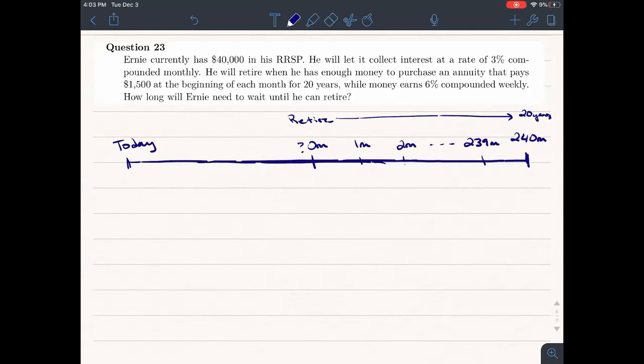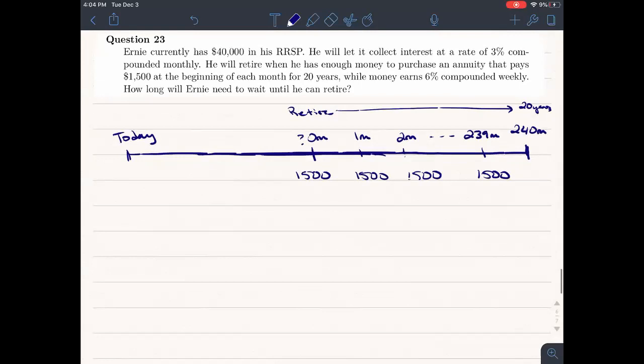So I'm going to start this 1,500 at the 0 month mark and go until the 239 month mark. Same idea as the perpetuity, right? But now we've just got this 20 years of an annuity.